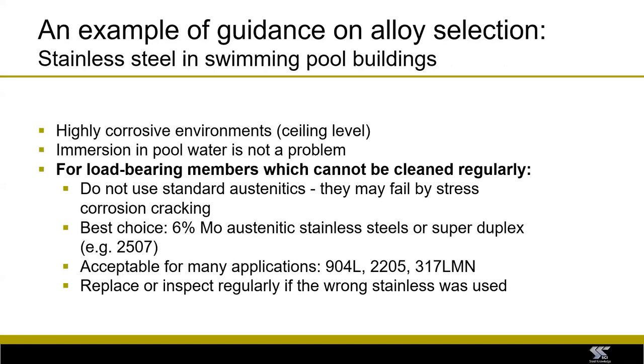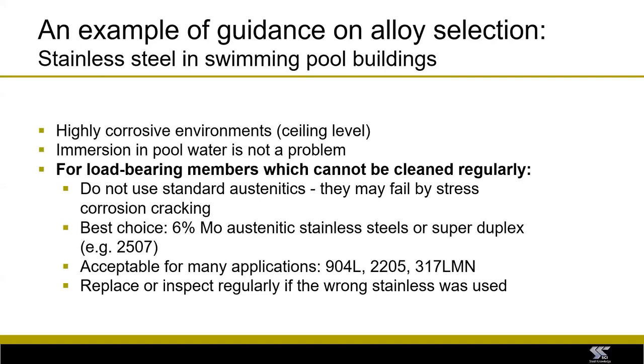It's important to know this, that these are inside swimming pools, highly corrosive environments, particularly at ceiling level, where the contaminants condense on members and build up very high concentrations. It's not a problem if the component is immersed in pool water because it washes off the contaminants. So there are very clear rules for load-bearing members which can't be easily cleaned, like in suspended ceilings.